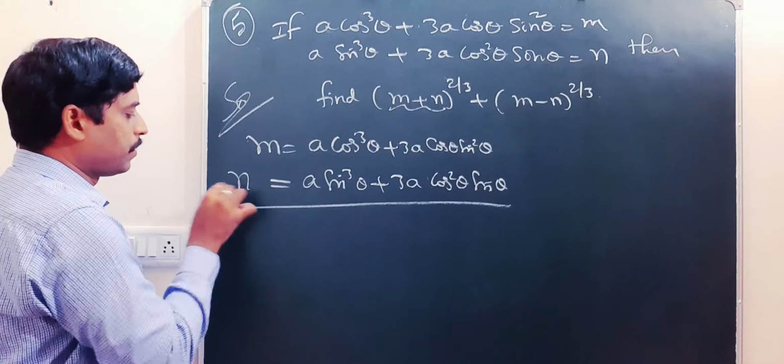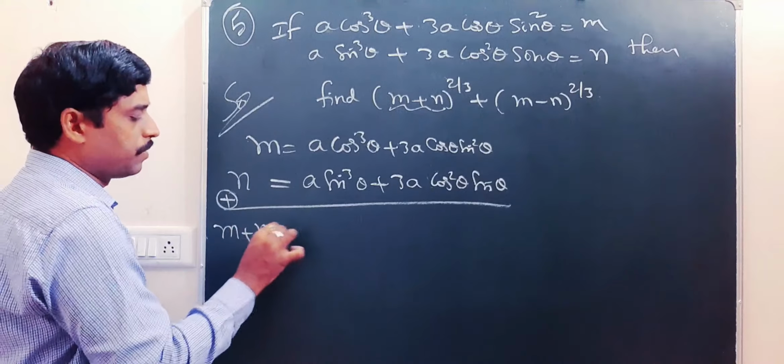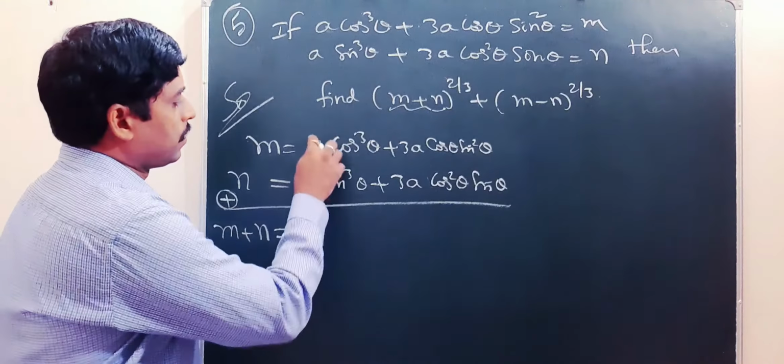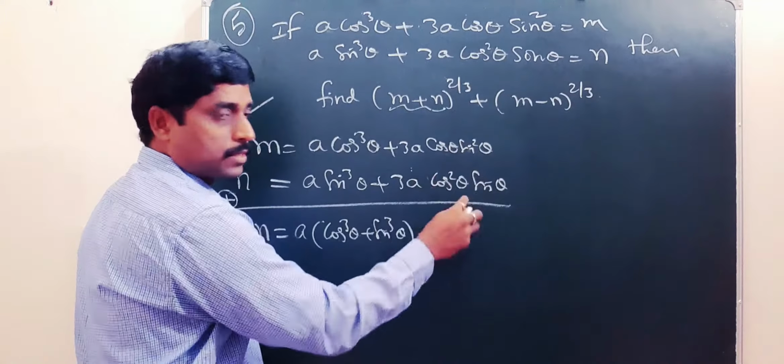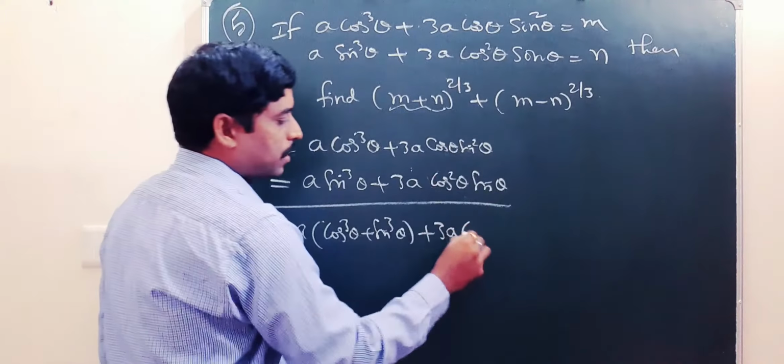Our target is m plus n. Let us do adding. m plus n is equal to, in this one, a take out common: cos cube theta plus sin cube theta. In this one, 3a cos theta sin theta take out common: sin theta plus cos theta. Okay, so we have a cube plus b cube equals (a plus b)(a square plus b square minus ab).